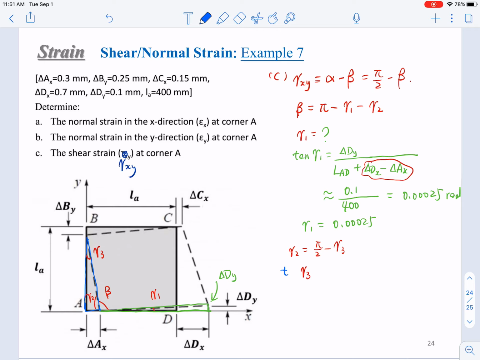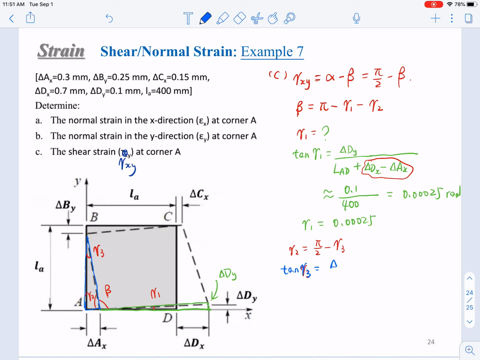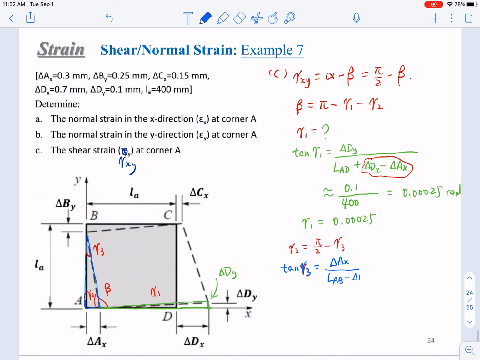Tangent gamma 3 can be calculated as delta AX over LAB minus delta BY. Again, this is a very small number as compared to the original size, so we can ignore it.